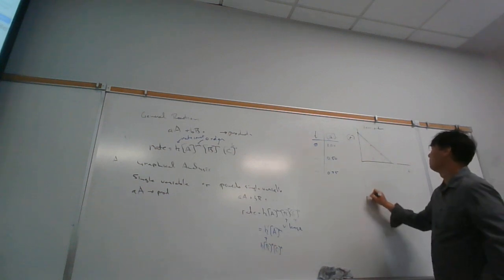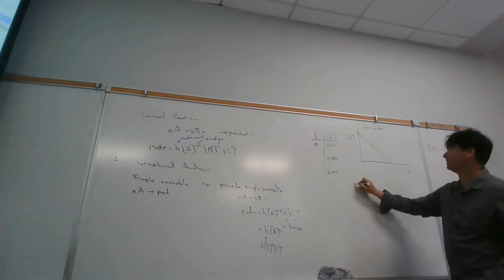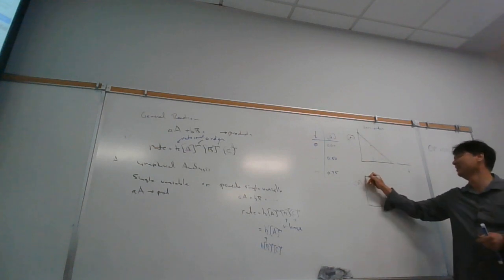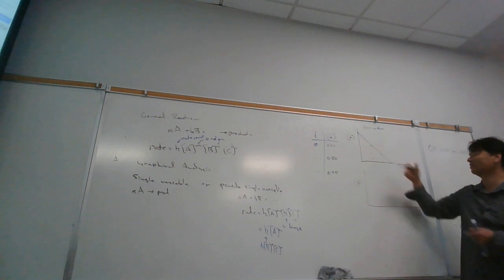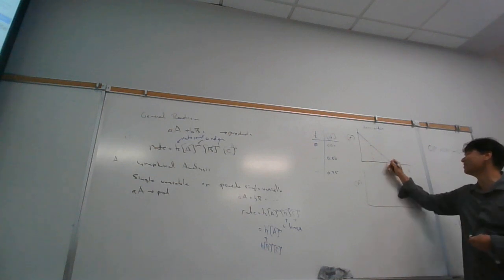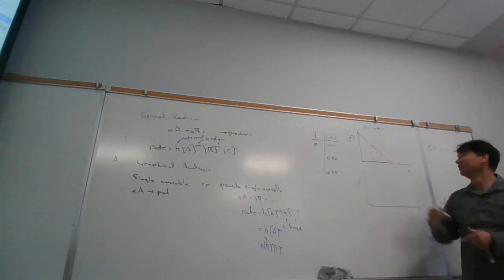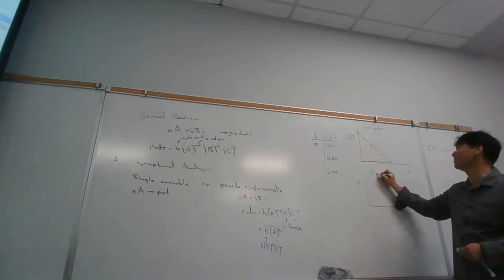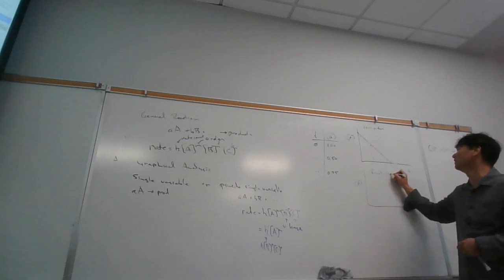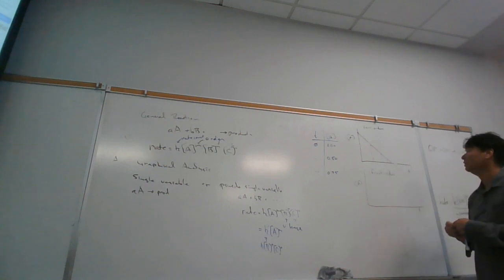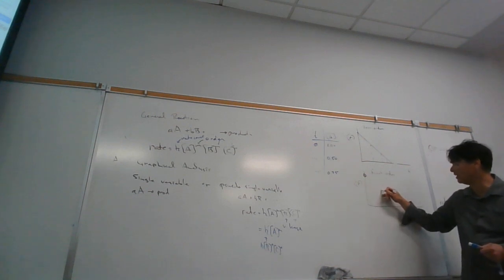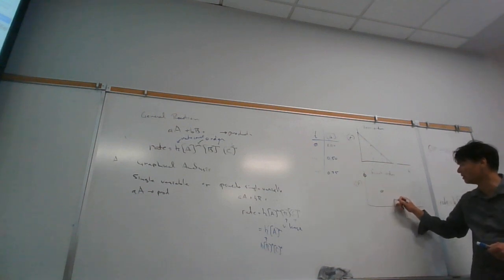If it's first order, each successive half-life takes the same amount of time. So this would be first order here. The first half would be here, and the second half would take the same amount of time.